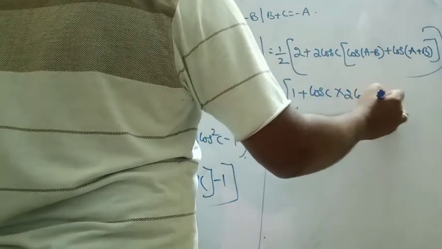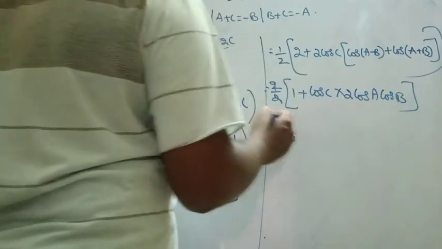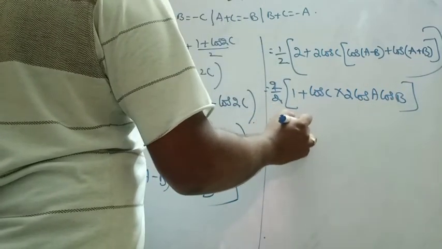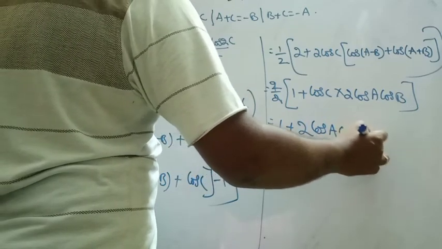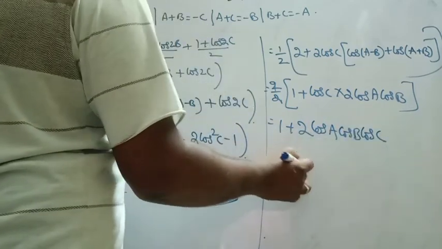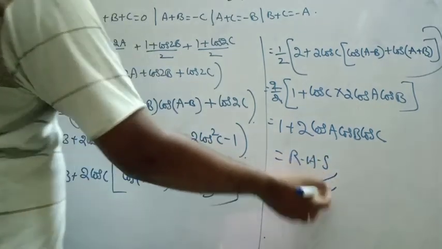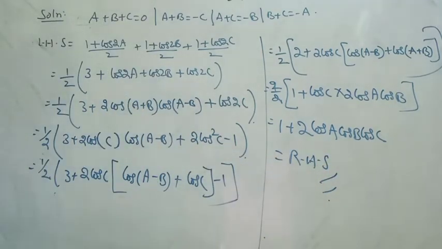Now this is what we have got: 1 plus 2 cos a cos b cos c. Such a beautiful way we have got the right hand side part, my dear students. Please observe these kinds of problems, whatever we have like this we will be doing.